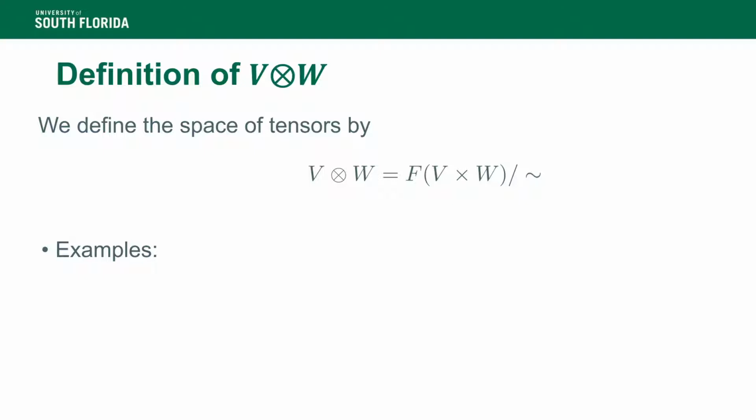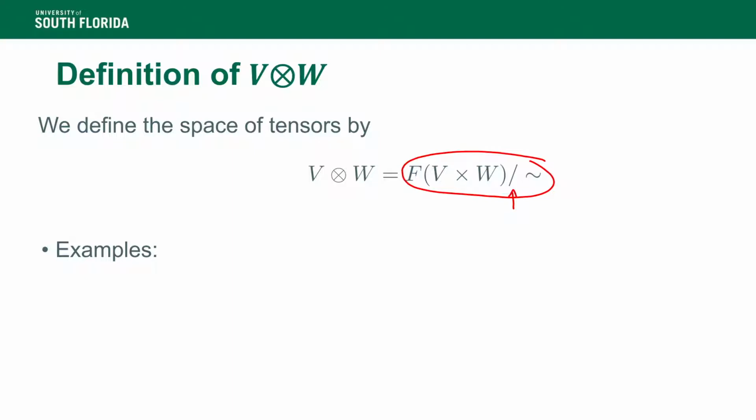We define the tensor product as the set of equivalence classes. So we denote this bar here, that looks like a division by the equivalence relation, is the set of equivalence classes. The space, as a matter of fact, can be equipped with an addition and a multiplication by complex numbers. So what does this mean?